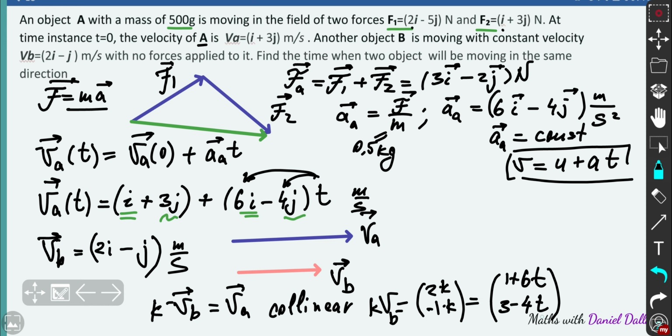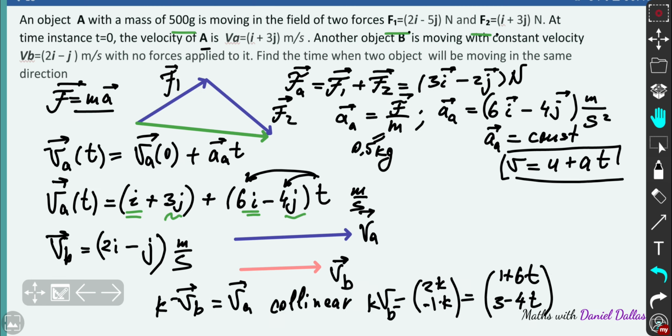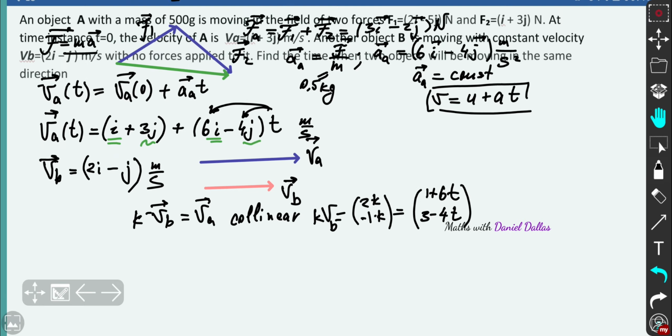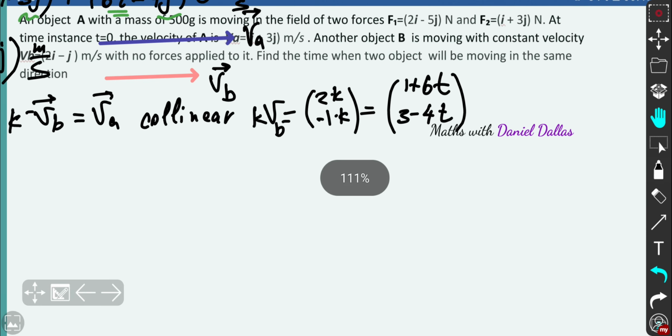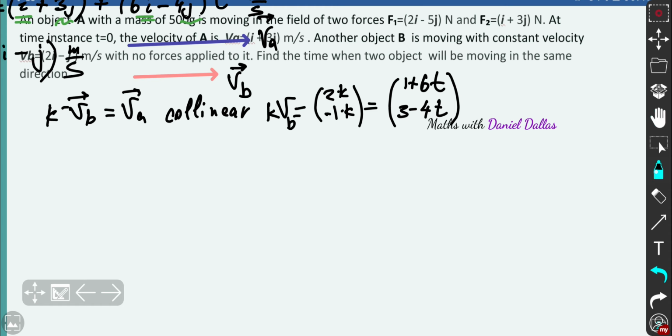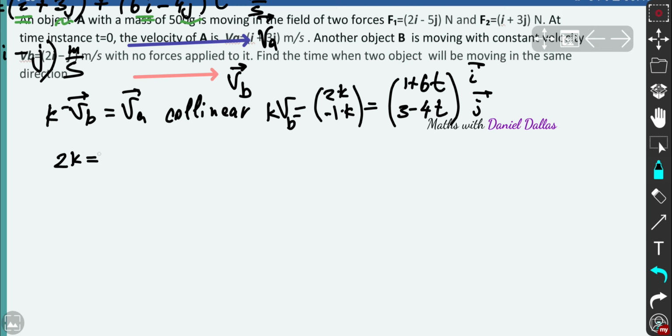How do we write it normally? I'll concentrate on that equation for a while. We want to write each component, the top components, the i components and the j components, as two simultaneous equations. So we have 2k equals 1 plus 6t, and the same is true for the j components, which is -k equals 3 minus 4t.